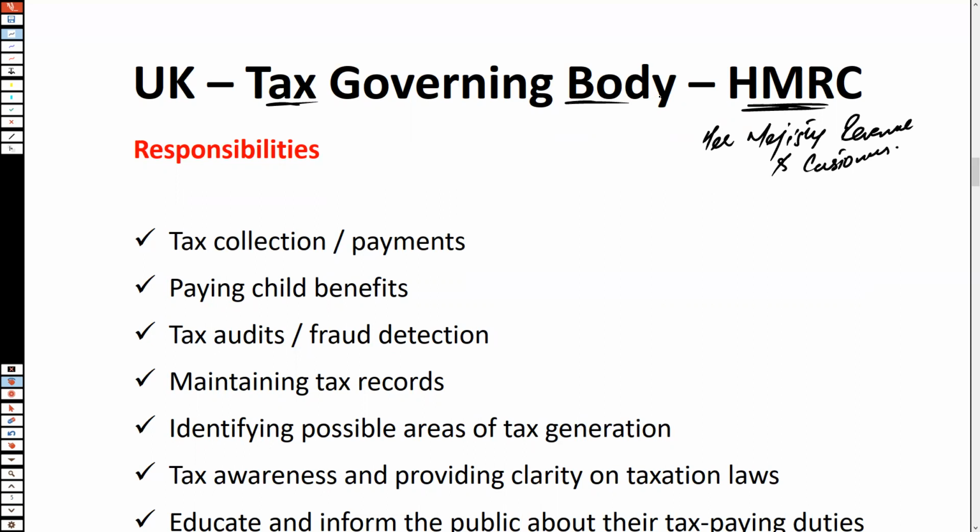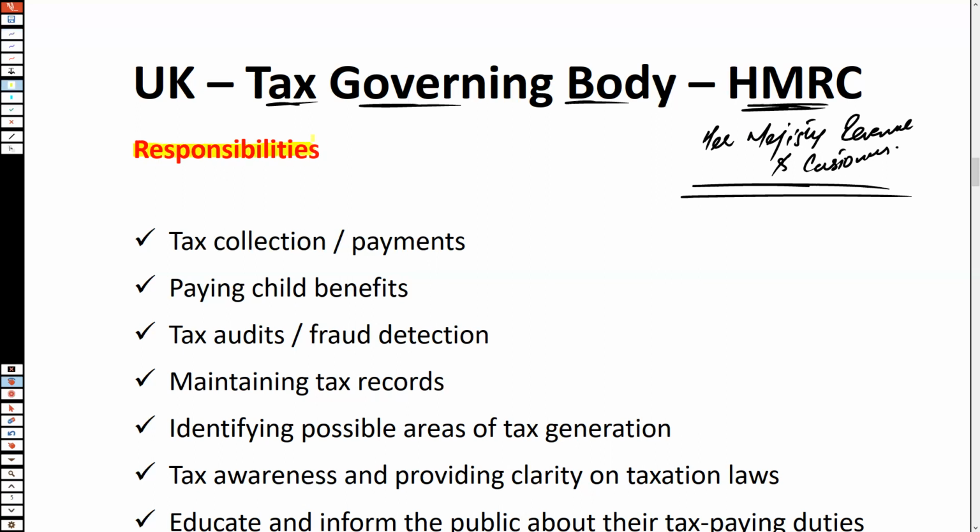So to meet these expenses, how does the government meet them? By our taxes. So the tax paid by taxpayers is considered as the revenue for the government. For the tax governing body, we can use the words revenue body, revenue authority. So the UK tax governing body name is HMRC, Her Majesty's Revenue and Customs.